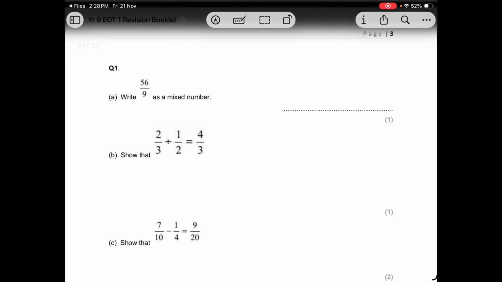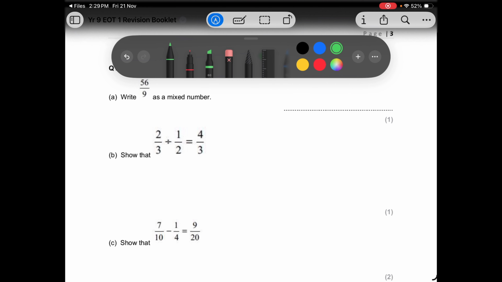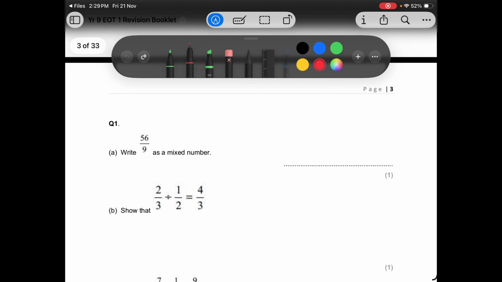And the first problem here: write 56 over 9 as a mixed number. We do know that we are dealing with an improper fraction because the top is more than the bottom. And the most primitive question to ask here is, how many nines are inside 56? If we multiply 9 by 6, it will be 54, okay?